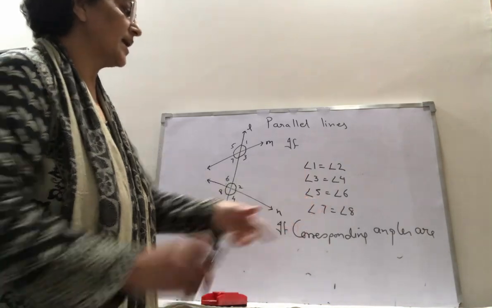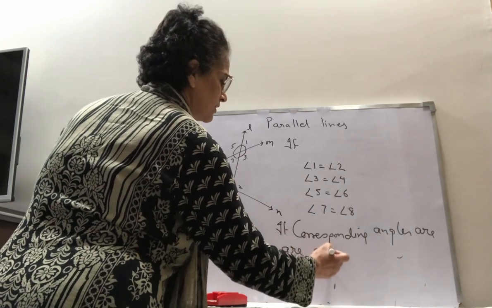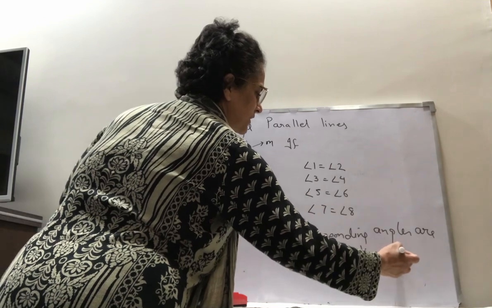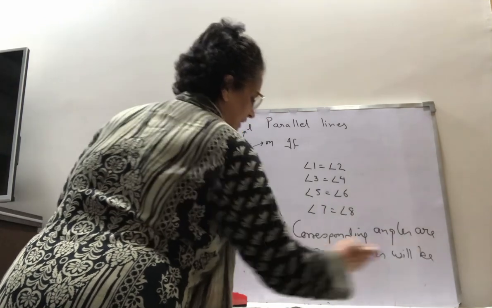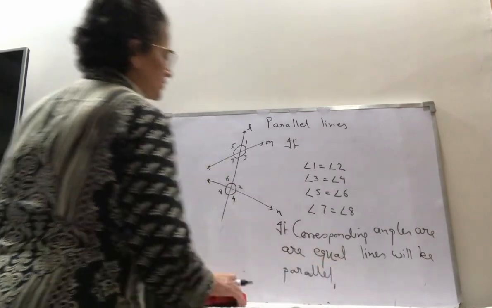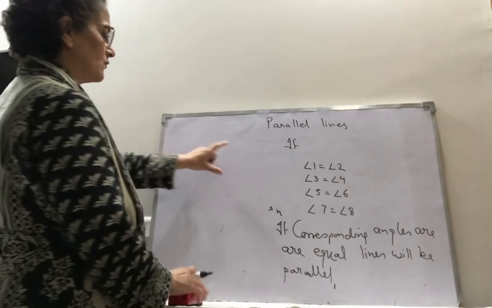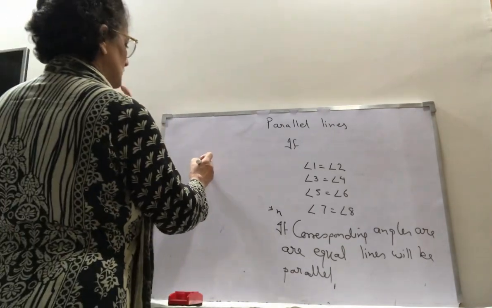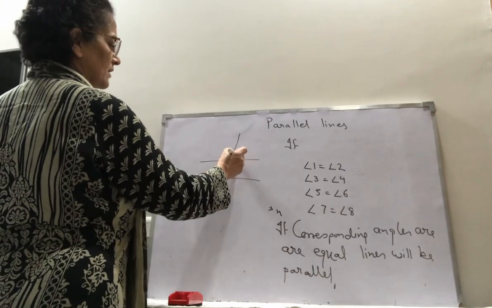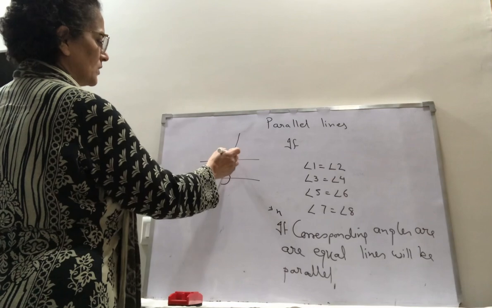If corresponding angles are equal, lines will be parallel. So we have to understand both ways. So if it was given 1 equal to 2, the lines can be drawn parallel if these corresponding angles are equal.